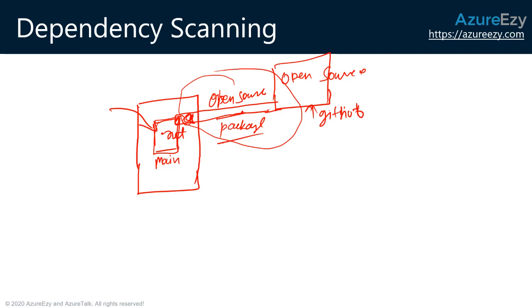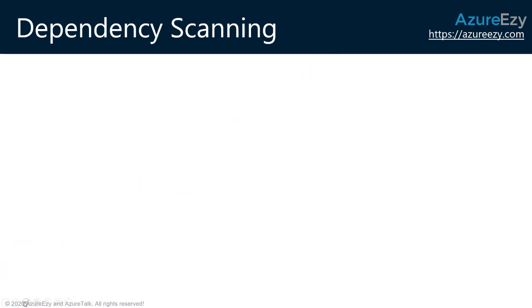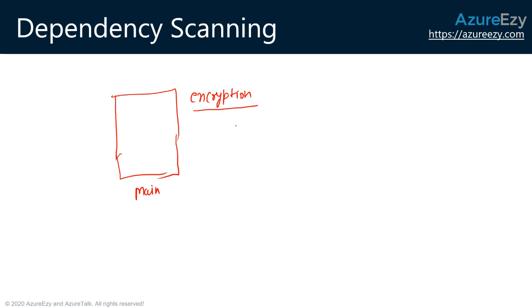Many times a developer is supposed to develop a main piece of software. Suppose, just as an example, they are supposed to do encryption. When they do this, they have two choices.